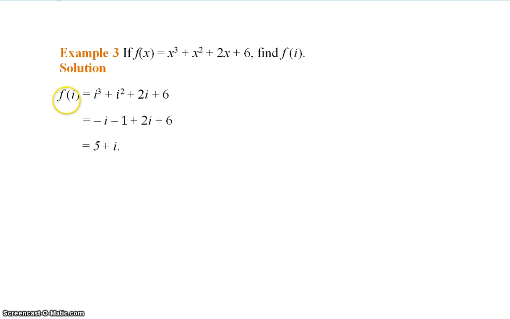So we will get f of i equals i cubed plus i squared plus 2i plus 6. We know that i cubed is minus i, and i squared is negative 1. Then we combine like terms, minus 1 and 6 would be 5, and minus i plus 2i gives i. Therefore, f of i equals 5 plus i.